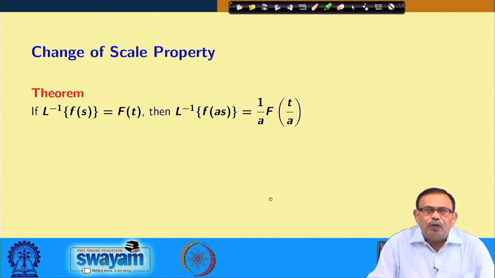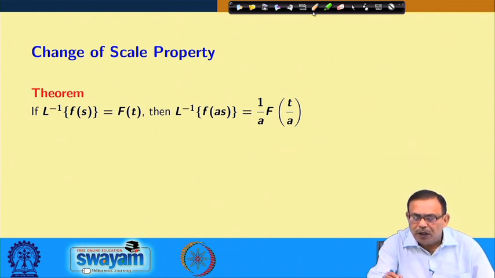That means, whenever you multiply the parameter s by some scalar a, that is, s is replaced by as, then the function will be 1 by a into f(t by a).